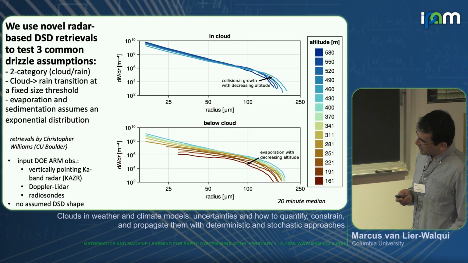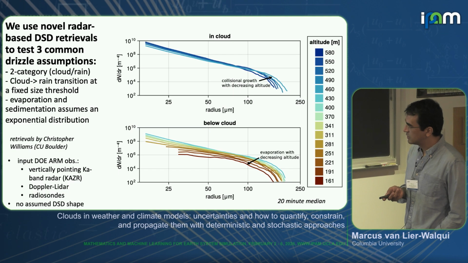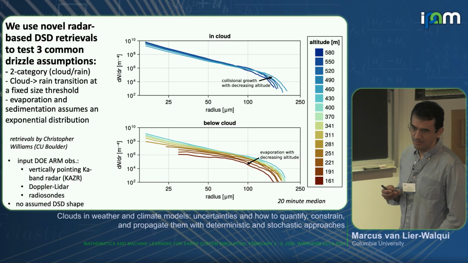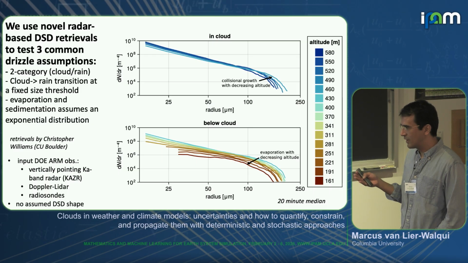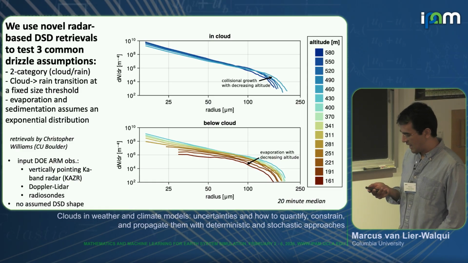Basically using field campaign data and profiling radar Doppler spectra to do a retrieval of the drop size distributions, to evaluate whether there is observational evidence that the assumptions commonly made in schemes are a problem. We've kind of assumed this in our work, but is there observational evidence for this?